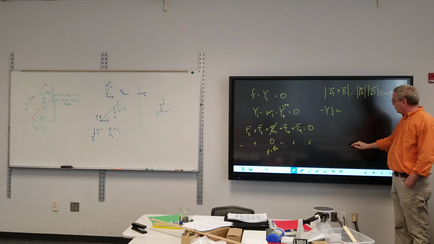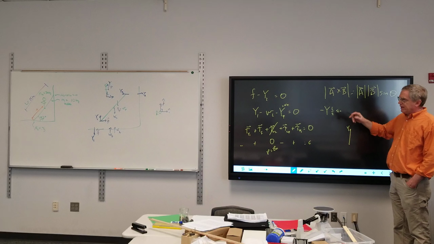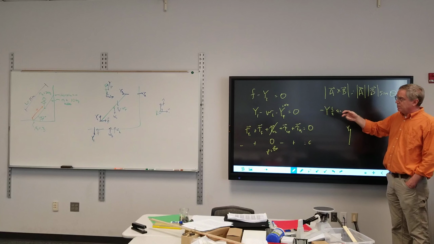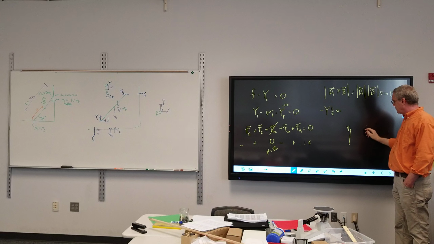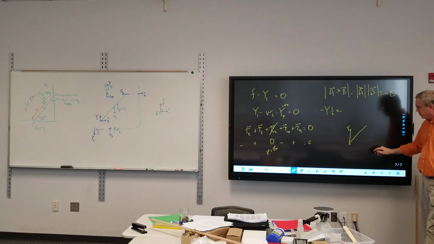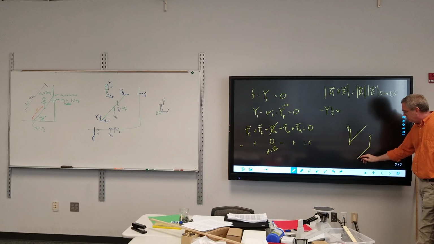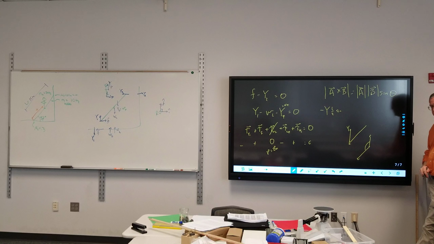Well, y1 is going this way. My moment arm is from the axis of rotation to where the force is applied, so my moment arm is going this way. If I put them tail to tail, that's the angle I want.